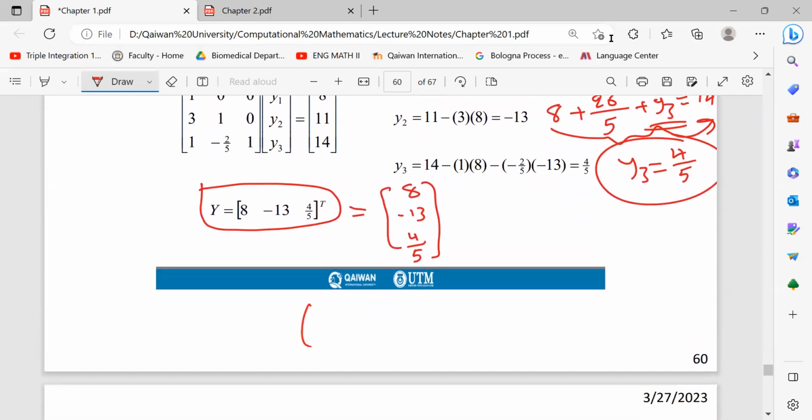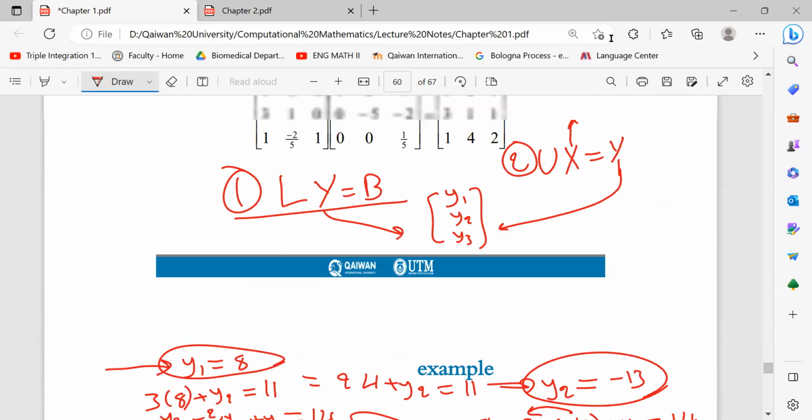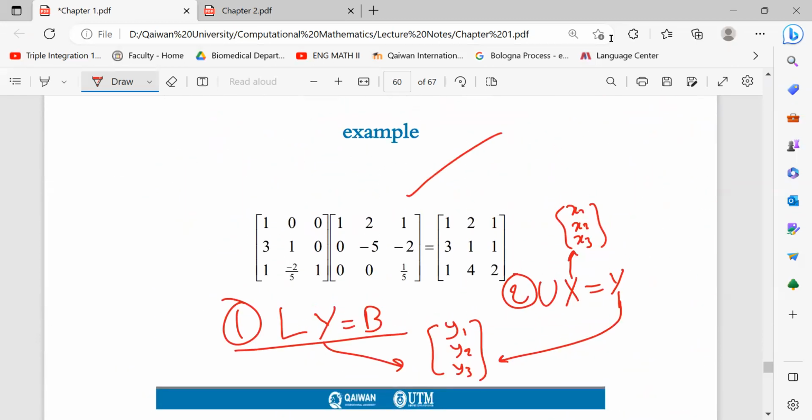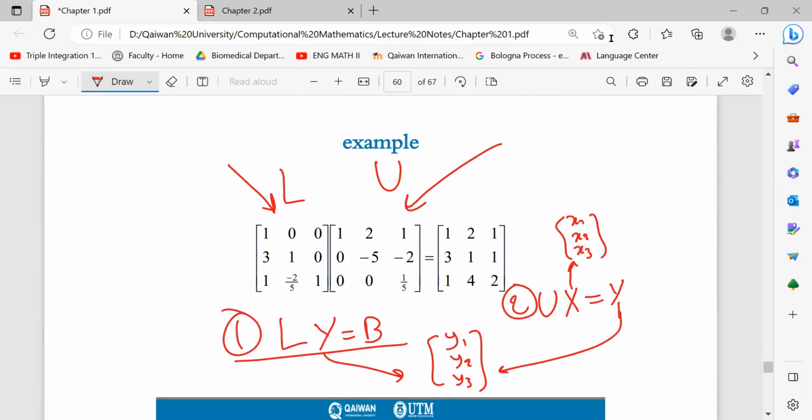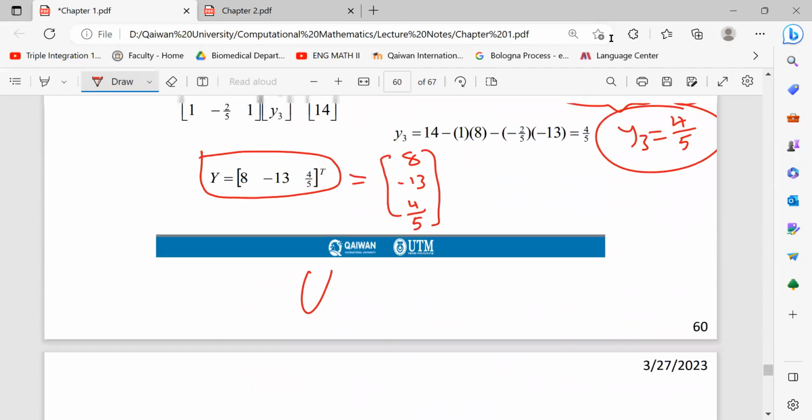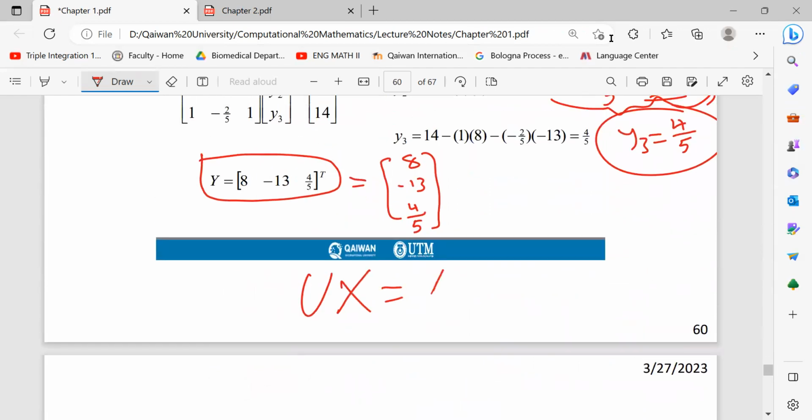What do we say? We say Ux equals y, where U is a matrix that you found before. This is U, and this is L. We already found this. We say U times x equals y. What's x? X is x1, x2, and x3.